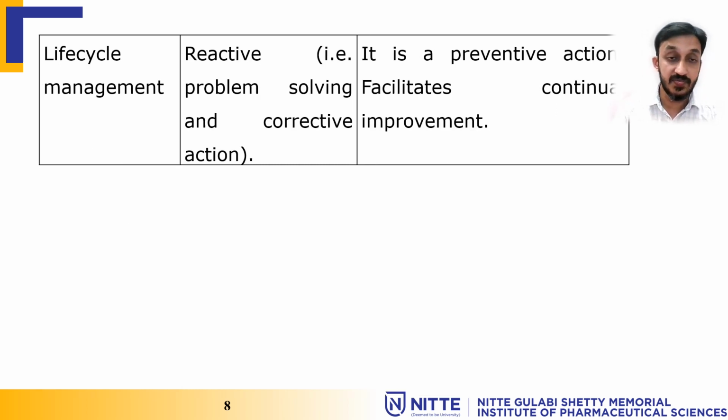And if we look into the life cycle management of the products, reactive problem solving and corrective action is there in place, but QbD is all about preventive action, and facilitates continuing improvement.